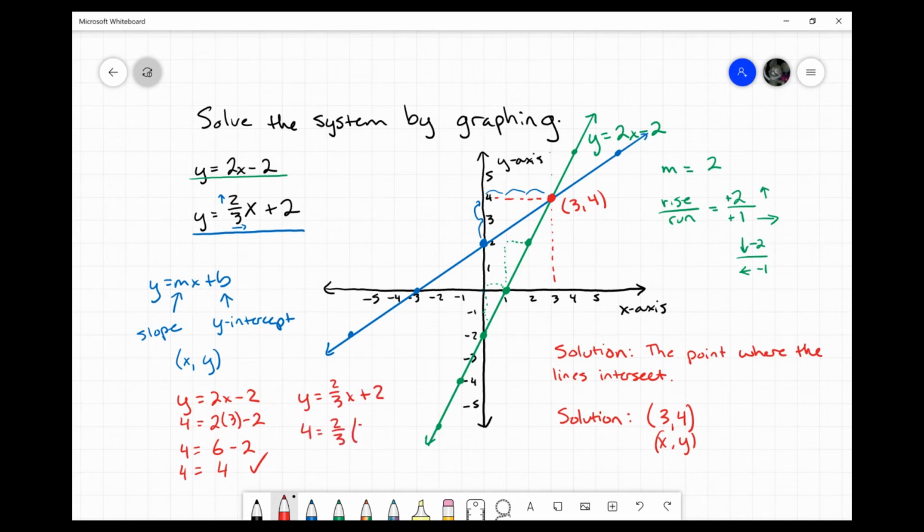Y is 4. 2/3 times x is 3 plus 2. 4 is equal. 2 times 3 is 6. 6 divided by 3 is 2. And so we have 4 is equal to 2 plus 2. That does, in fact, give us 4 equals 4, and that is a true statement as well. So that is checking to verify that our solution of the point 3, 4 is correct.